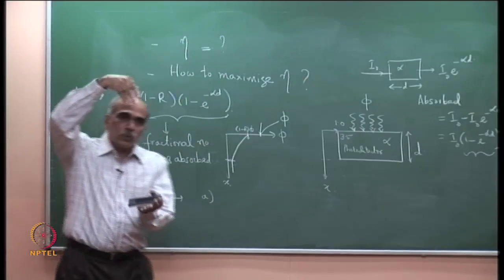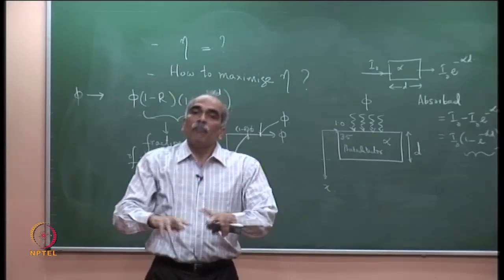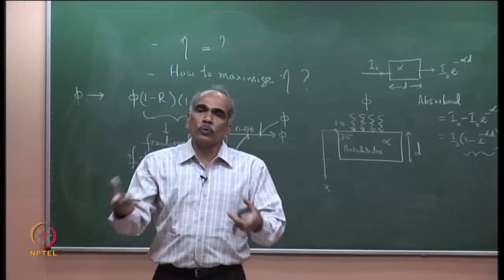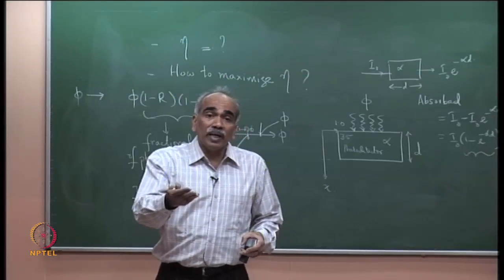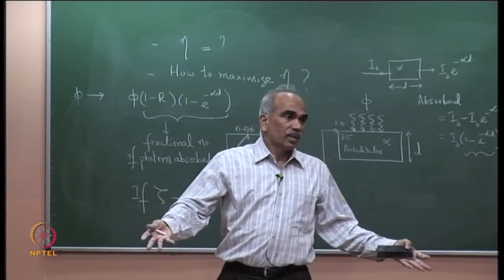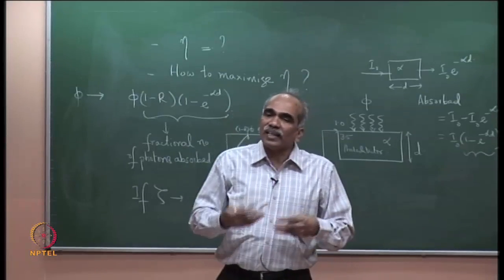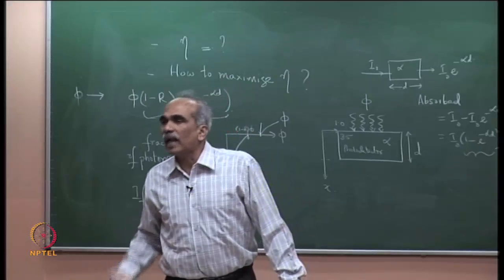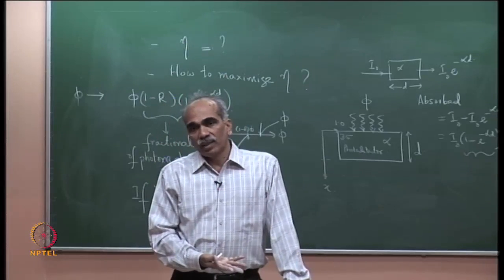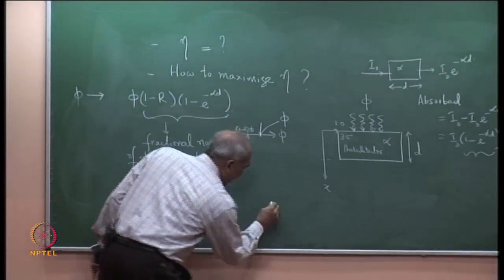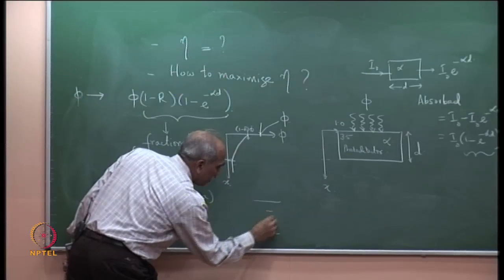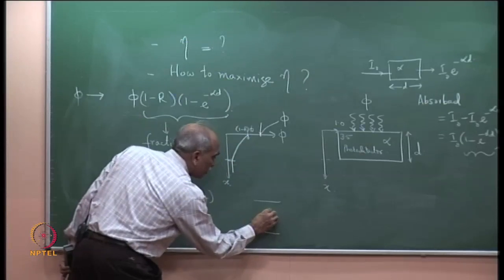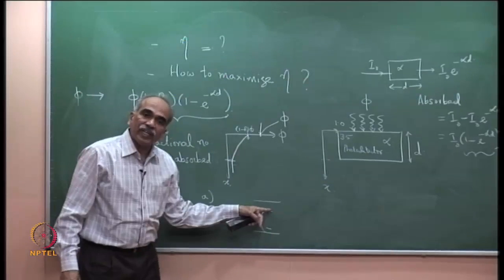One, out of all the photons which are absorbed, all may not lead to generation of electron hole pairs. Why? What would happen to the rest? Some of them may just generate phonons, giving energy to the lattice. Some of the photons may get absorbed in traps. There may be trap states, so a photon may get absorbed in lifting a carrier to a trap, which is not a free carrier.